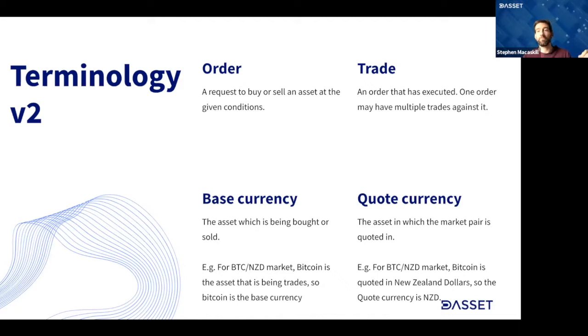It might require 99 other people with 1 Bitcoin each to make 99 trades to complete my order. An order can be partially filled, completely filled, or canceled and unfilled, whereas a trade is an order that has been filled, executed.